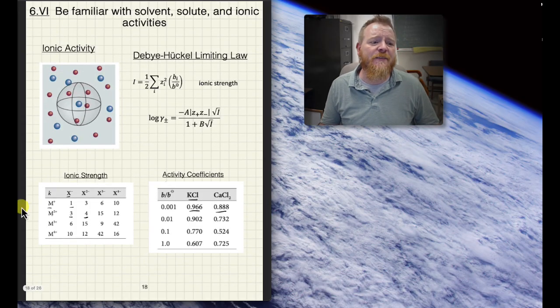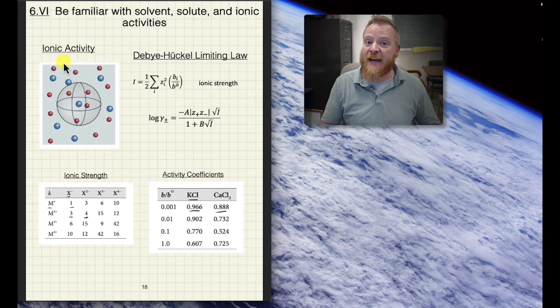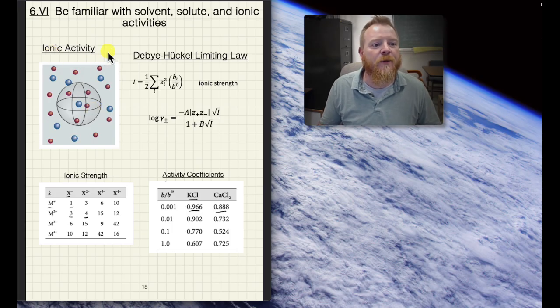So then the last activity to discuss is the ionic activity. And with this kind of notion, right, that the more concentrated our solution becomes, the less ideal it is. But now we have to consider the effect that the charges of our solutes have in the case of it being an ionic solution. So here those red, the small ones, are cations, and the blue are anions.